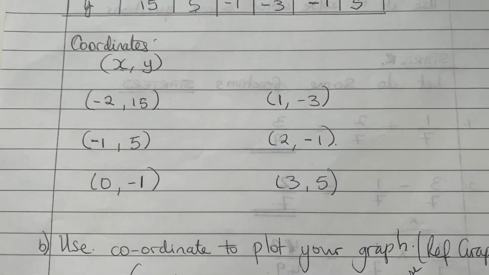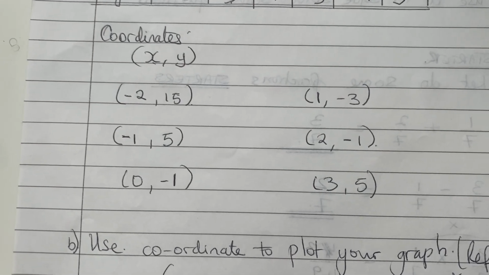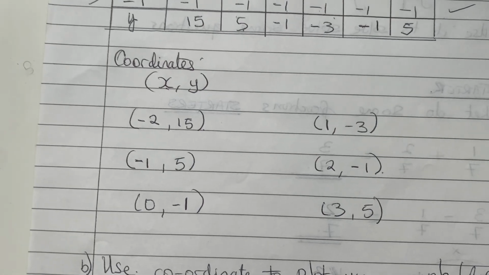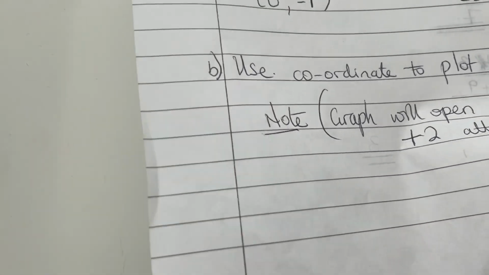You can get a graph paper, okay, or you can use a plain paper and just use eye judgment and draw it and see if you can answer the questions. Okay.